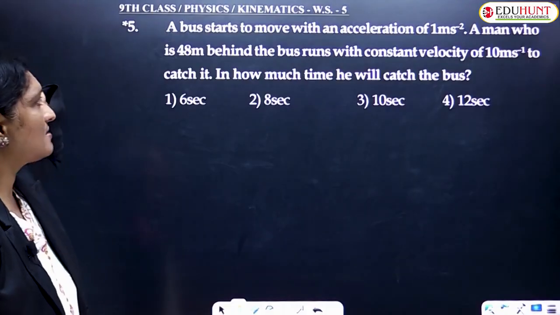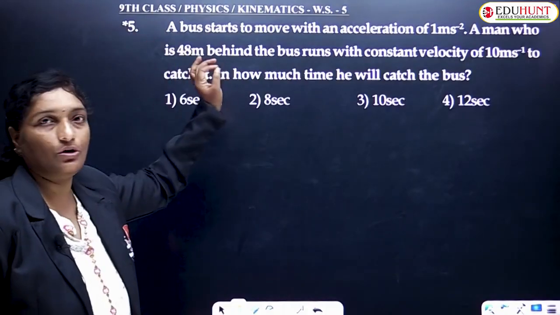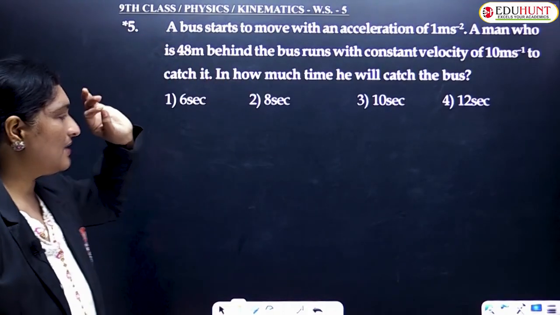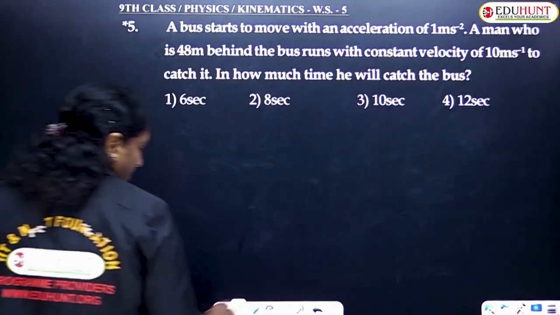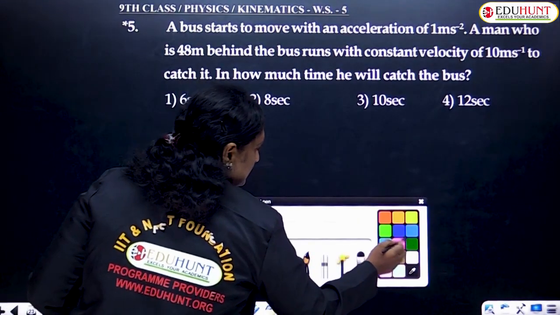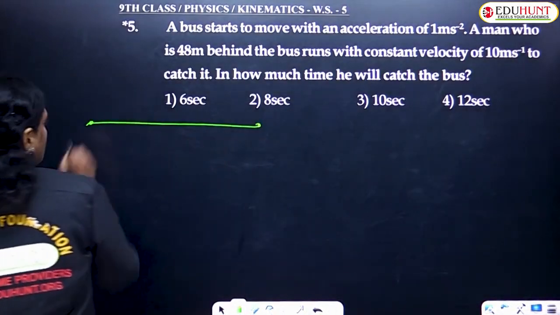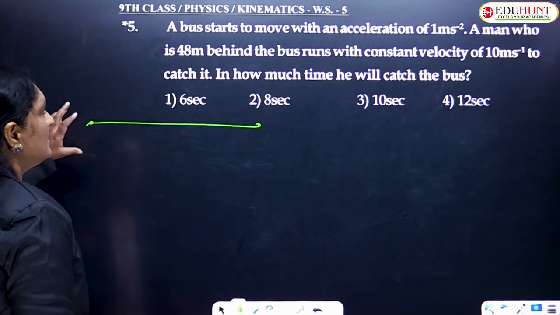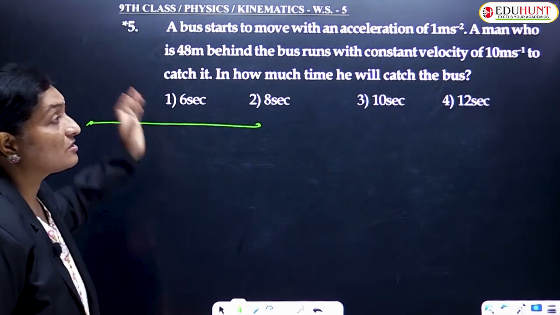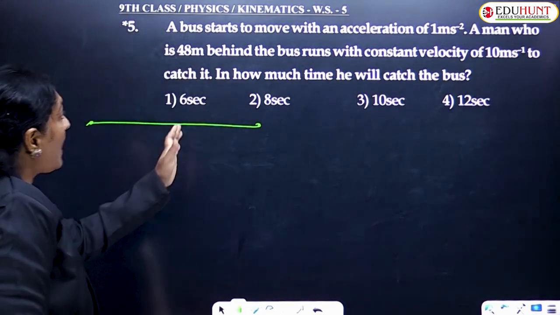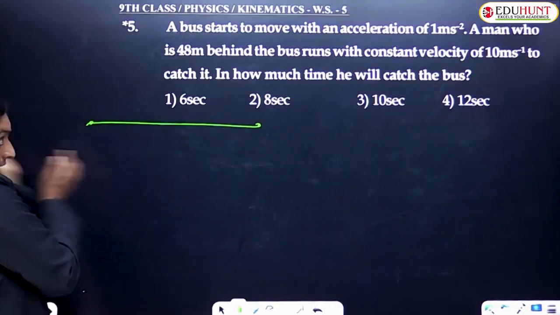So first of all, let us try to understand the given question with the help of a small number line. Okay. So what was given means a bus starts to move with an acceleration of 1 meter per second square. A man who is 48 meters behind the bus.